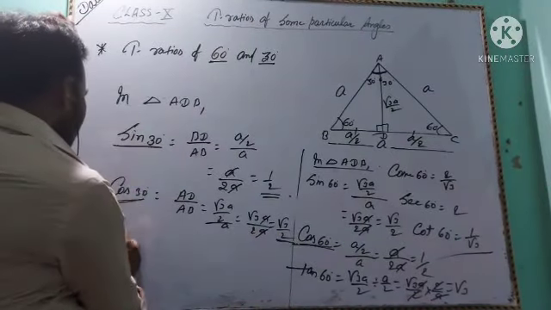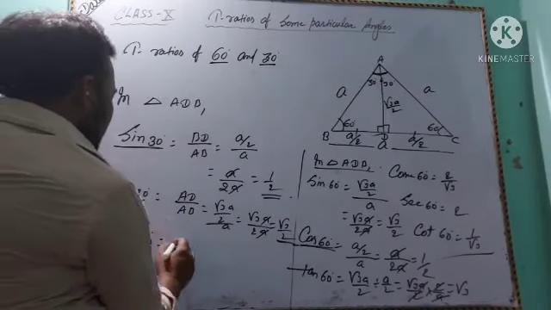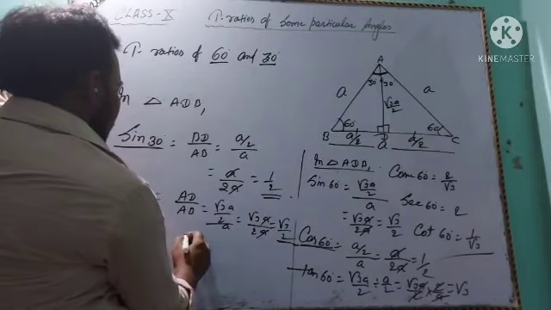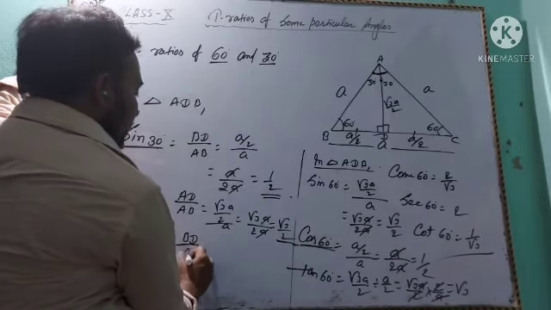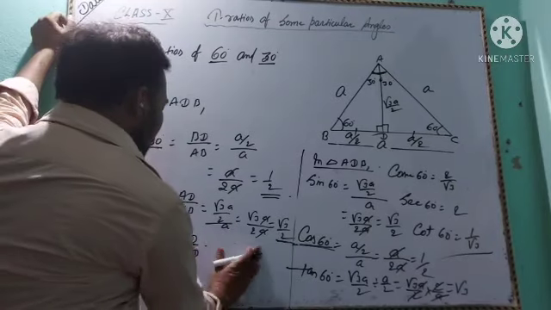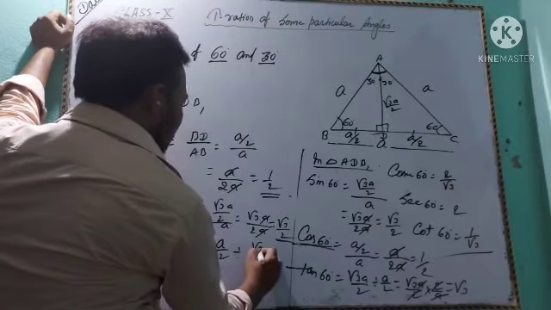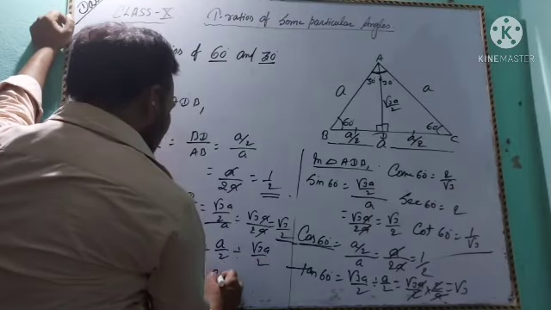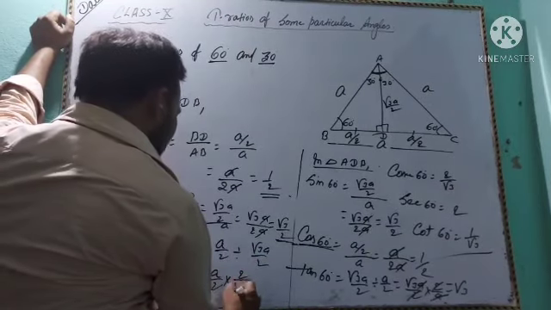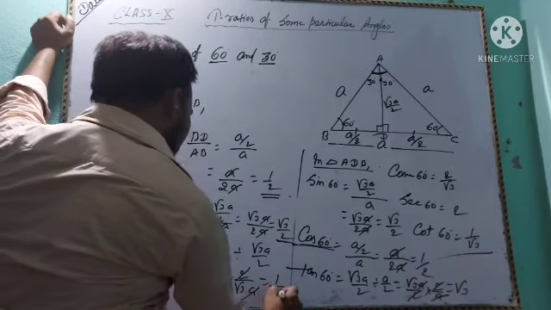And then tan 30 degree is equal to perpendicular by base. So BD by AD. BD is a by 2 divided by root 3a by 2, that is a by 2 multiplied by 2 by root 3. a is cancelled, 2 is cancelled, that is 1 by root 3.